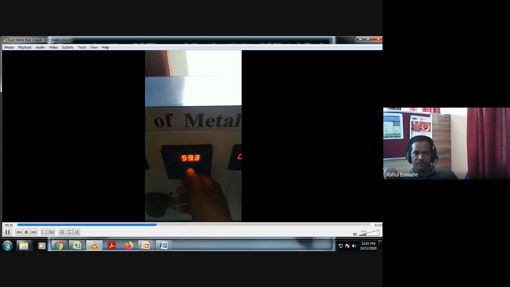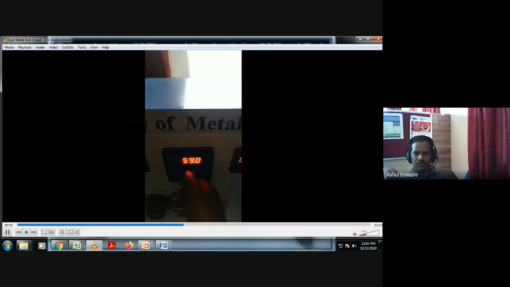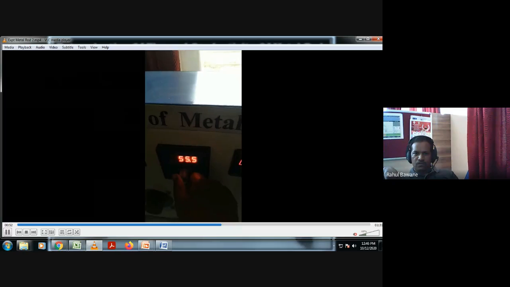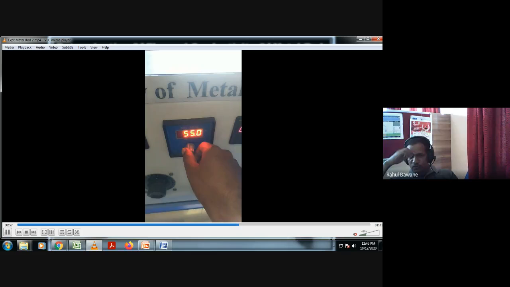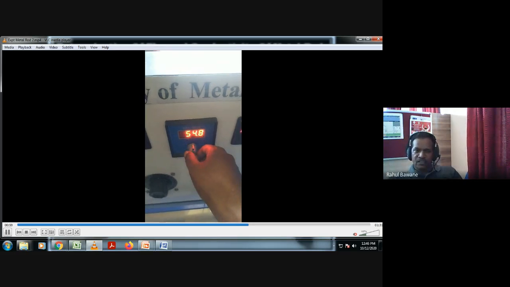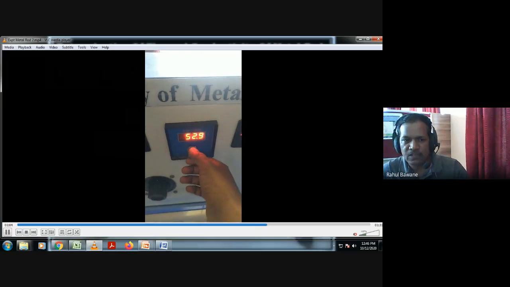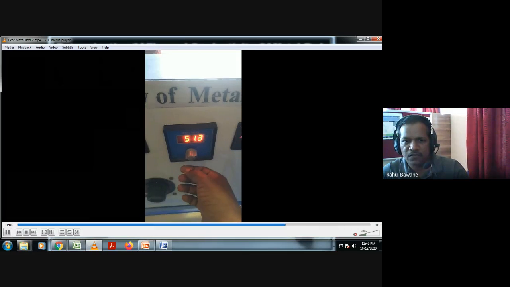Now it is steady, 59.3. So many times it happens that your reading does not show a steady condition. In that particular case, we have to note down the frequently showing reading as our final reading.